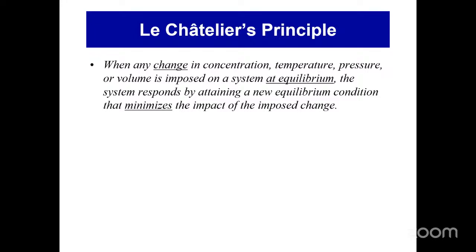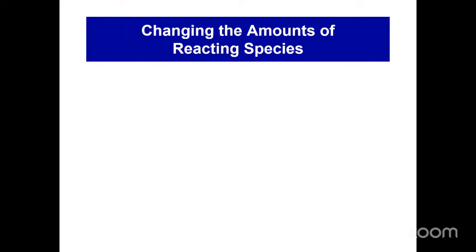So that's basically my way of expressing the principle, all right? And we kind of had an introduction to this particular principle during the last class when we talked about the reaction quotient, right? So what we're going to look at is what will happen if we change the amount of a particular species involved in the system already.